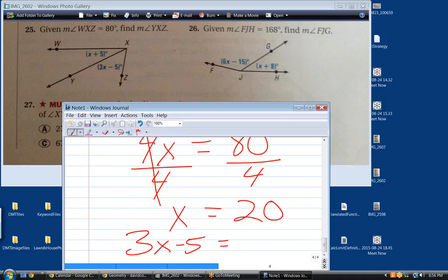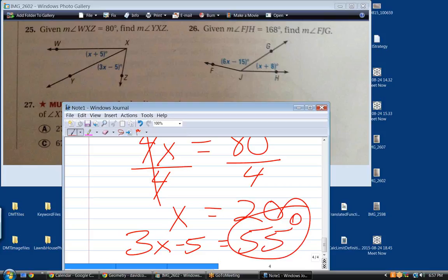Okay, so you do 20 equals, would that be 55? Uh-huh. Yeah.